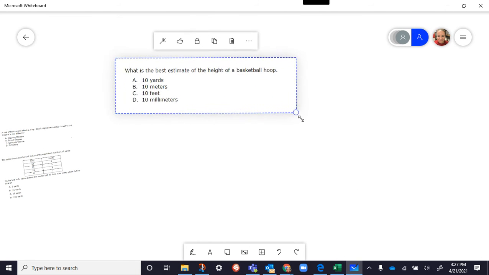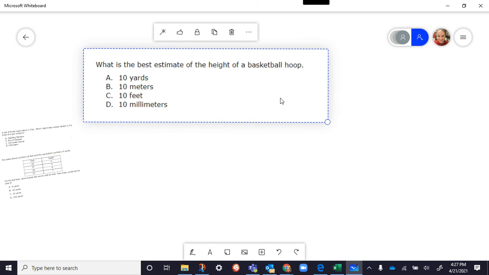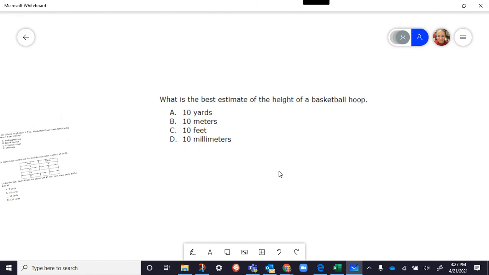All right, now this one, we're getting into some of our different units we talked about. So this one, you're not changing units or anything like that. These are the ones that we talked about just when we first started.